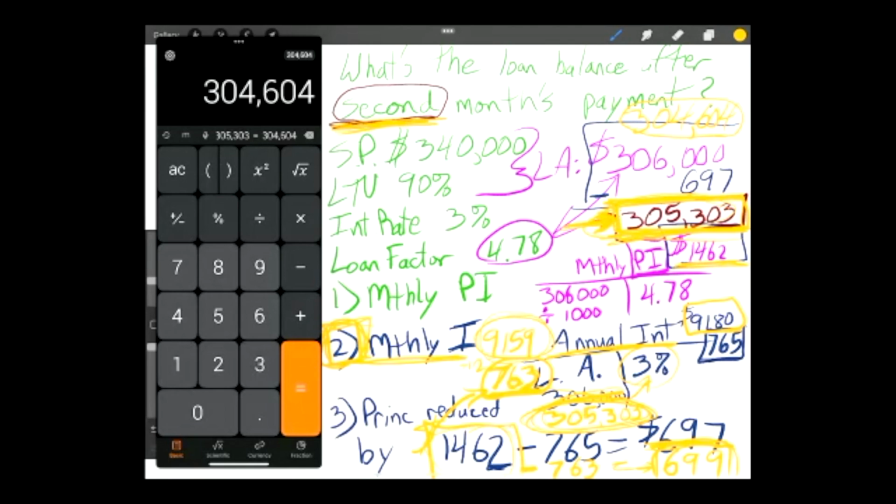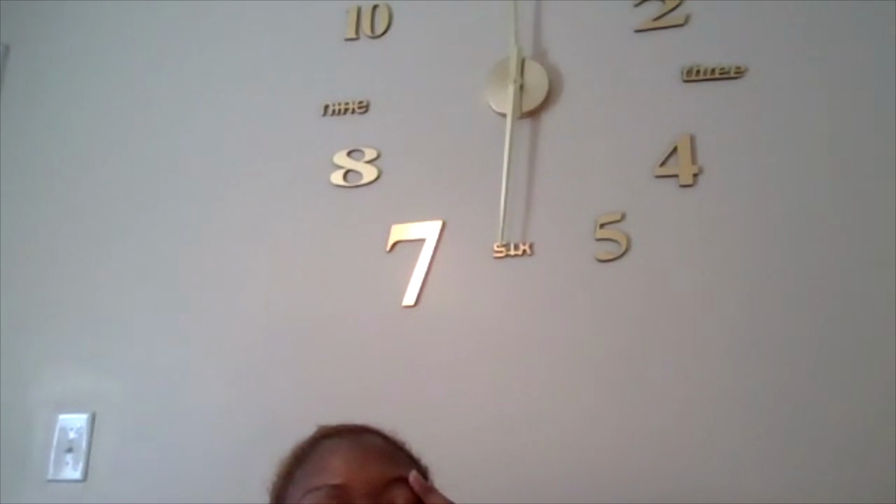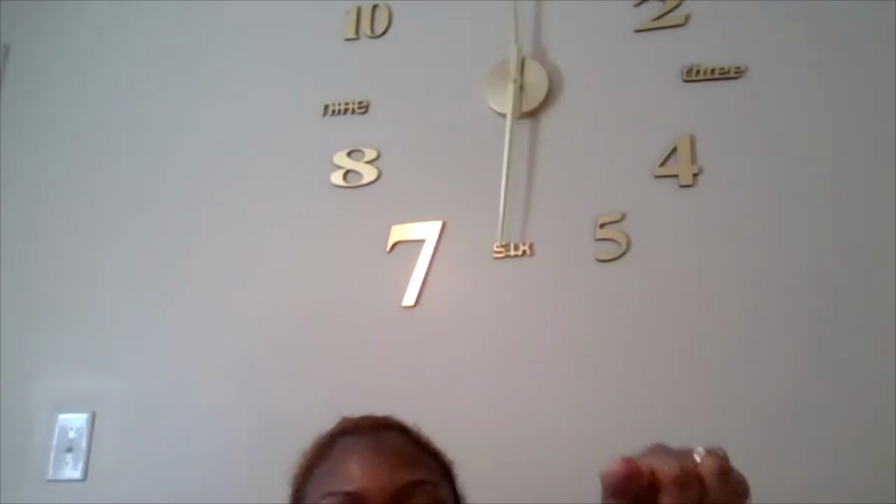This is probably the most complicated math question you could be facing, because it's a combination of two or three other ones. Do another one? Yeah, because that time I missed taking that 763 from the 1,462.